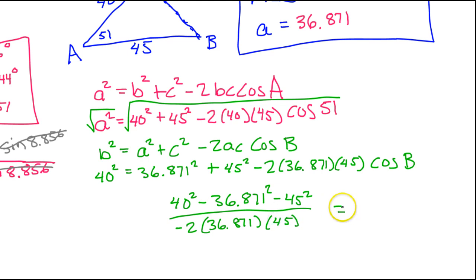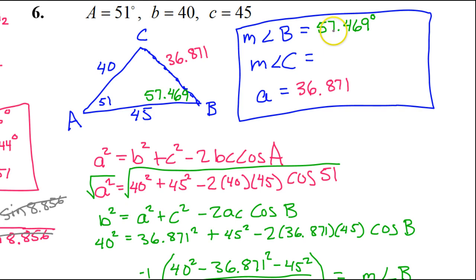All right, so that is going to equal cosine of angle B. But I really want angle B by itself, not the cosine of angle B. So what I need to do is the inverse cosine of all of this, and then that will give me the measure of angle B. So go ahead and put this whole thing in your calculator all at once.